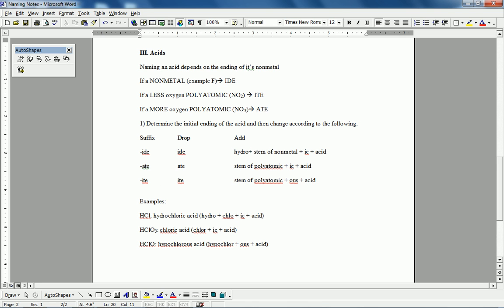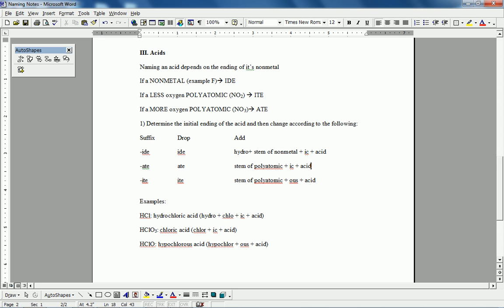For the ides, like HF, HCl, anything along those lines, we would drop the ide, add a hydro at the beginning, the stem of the nonmetal, ic, and acid. If we have a polyatomic that ends in ate, we'll drop the ate and instead use the stem of the polyatomic and add ic and the term acid.